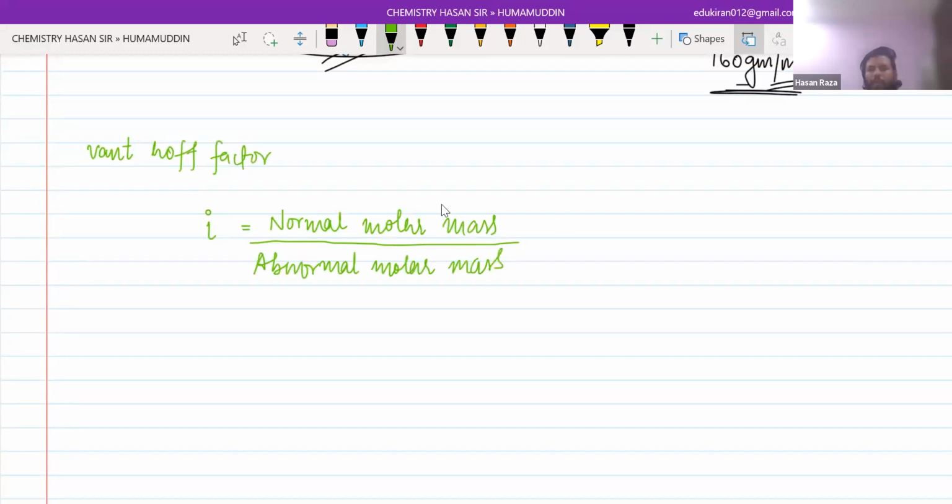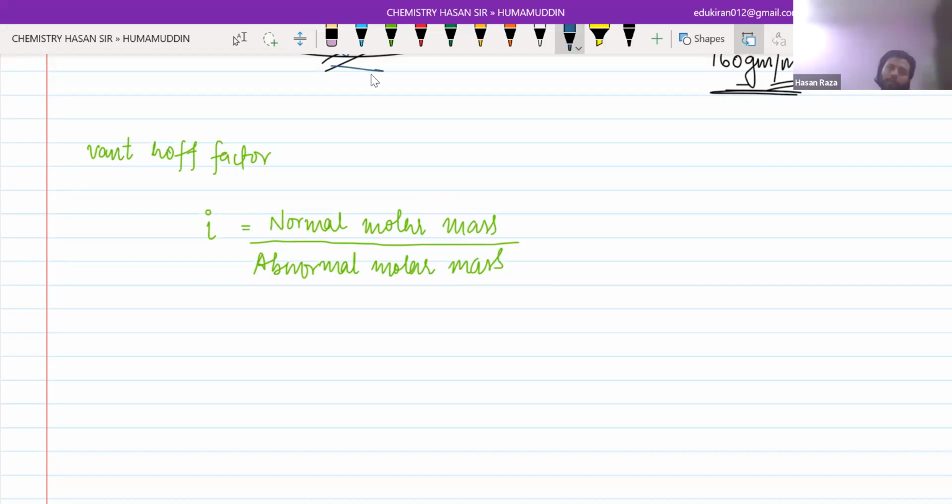So it's very easy. i equals normal molar mass upon abnormal molar mass. So if you get any numerical regarding this molar mass and you want to calculate i, the Van 't Hoff factor, it will be normal molar mass upon abnormal molar mass.